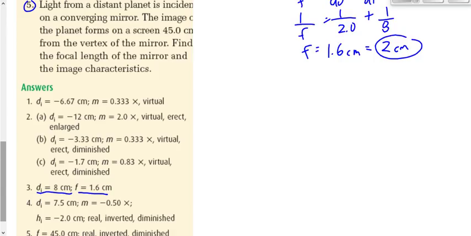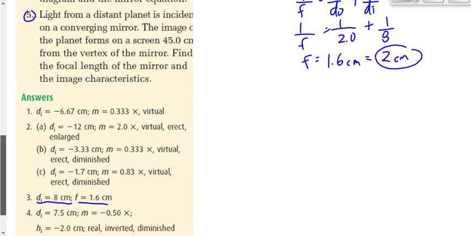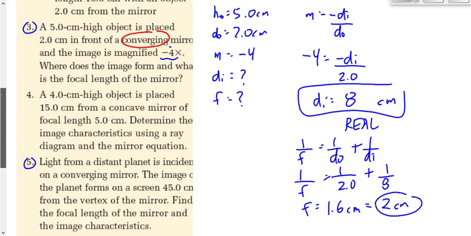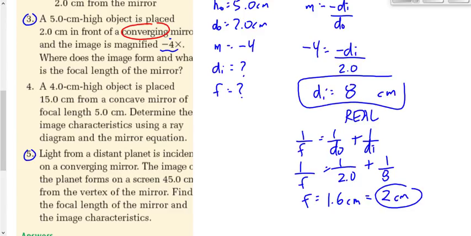They'll give you a magnification to 2 or 3 significant digits. But the bottom line is, on an exam, they always tell you anyways, round your answer to 3 digits or round your answer to 2 digits or whatever. So you don't need to worry too much about making that mistake on an exam. It is positive, which is consistent with what they told me, that it was a converging mirror.